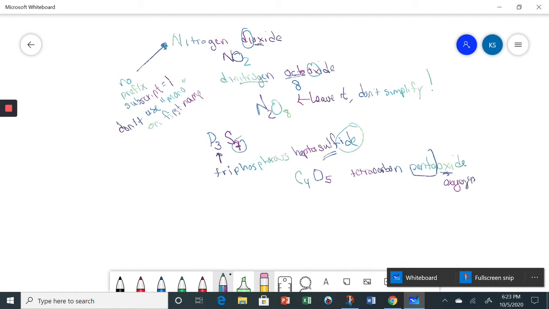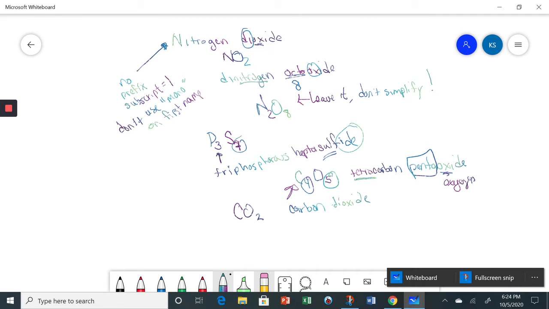The penta goes for the 5. The tetra is the 4. And then the first one is carbon. If I had CO2, you might be tempted to put monocarbon, but it isn't. Remember, if it is a subscript of 1 on the first element in the formula, you just need the name of the element. And then it's dioxide.